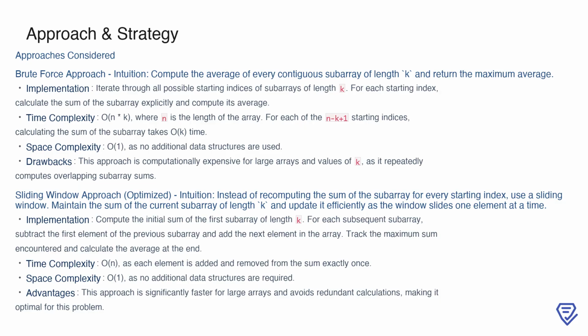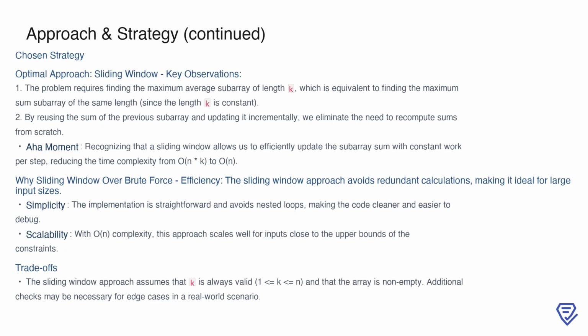Additionally, the space complexity remains O(1), as no extra data structures are needed. By avoiding redundant calculations, the sliding window approach is faster and more suitable for large inputs, making it the preferred solution for this problem.